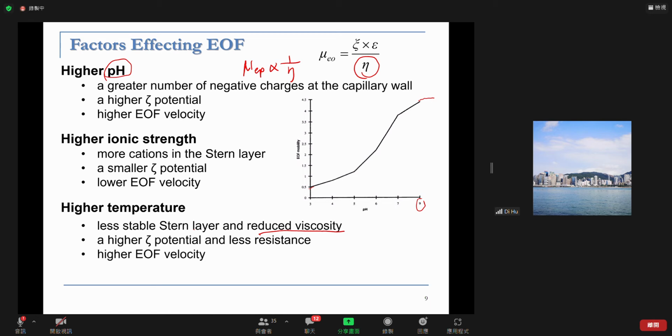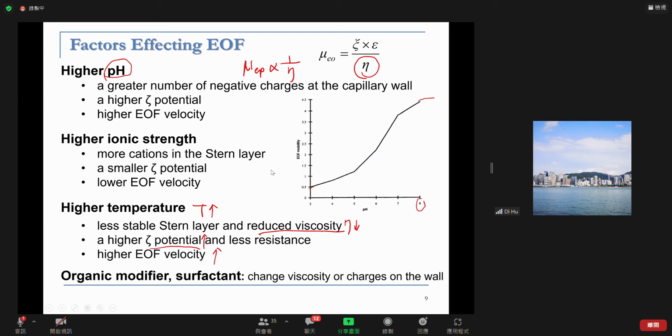Okay, and then so that could cause the higher zeta potential if you increase the temperature, and then zeta potential increase, and then the viscosity decrease, and then you have less resistance, and then so the EOF increase. Okay, understand that now? Yeah, and same if you increase temperature, the viscosity decrease, and also you have a larger mu EP as well.